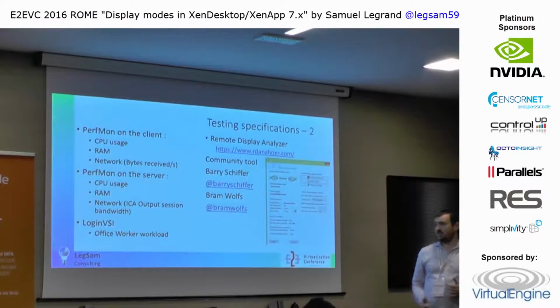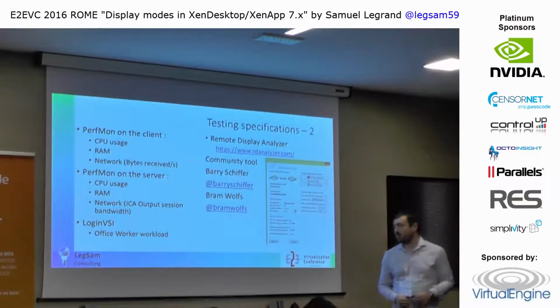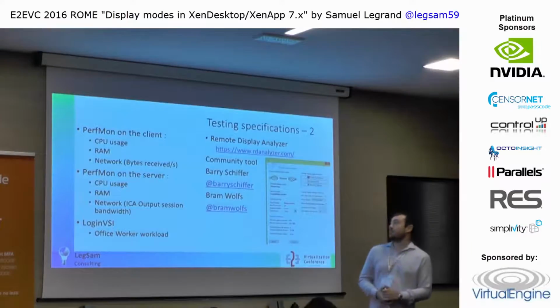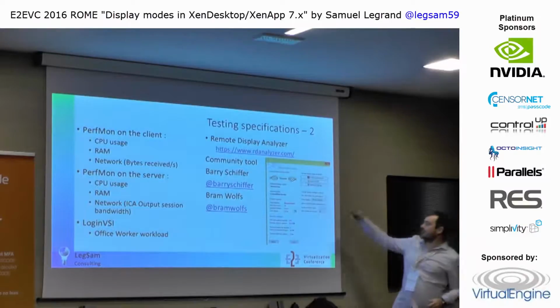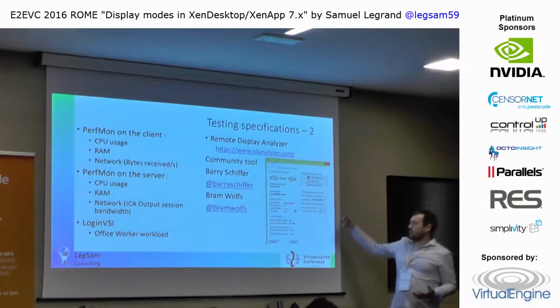For Login VSI, we were using the Office Worker workload, and thanks to Barry Schiffer and Bram Wolf, we were using Remote Display Analyzer, which saved us a lot of time. That's incredible. If you don't know this product, it allows you to change on the fly the display protocol used.